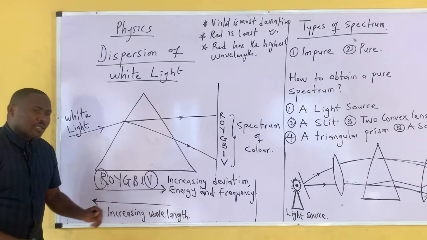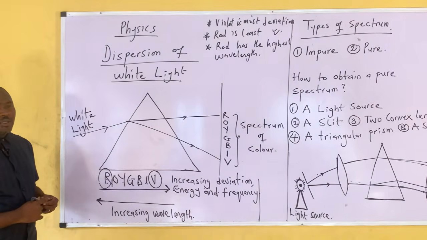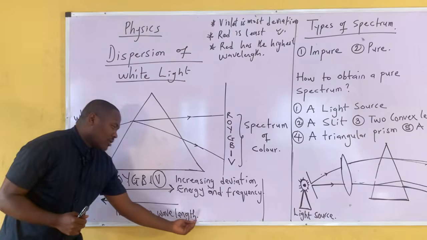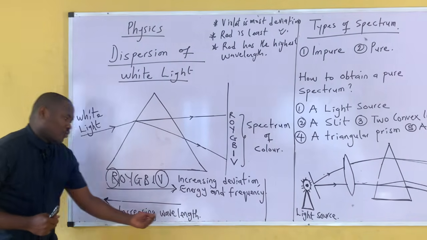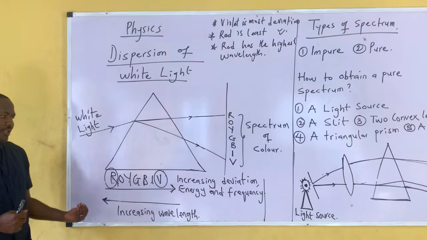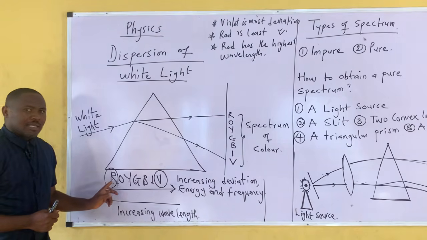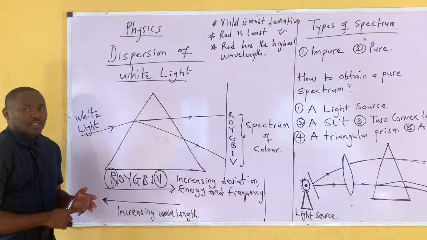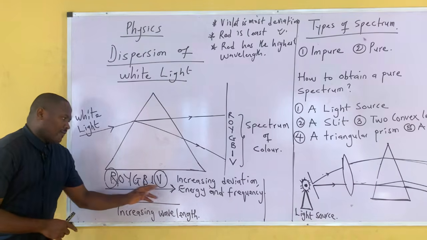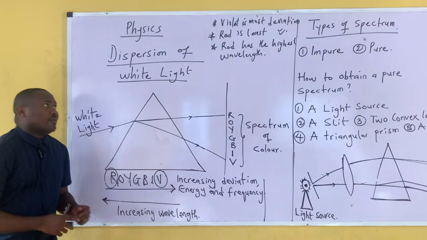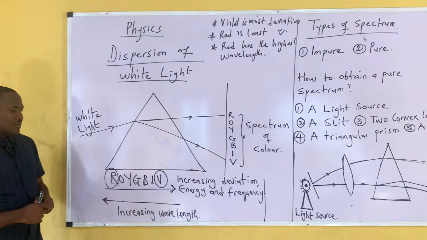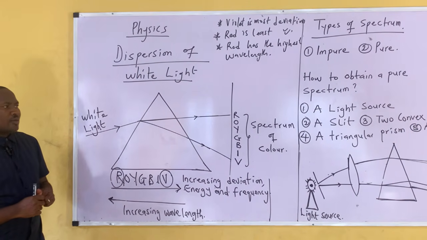It means violet has the least wavelength. Now take note, as we go in this direction, speed and wavelength are increasing. So red has the highest wavelength and the highest speed, while violet has the least wavelength and the least speed. Take note of this, very important.